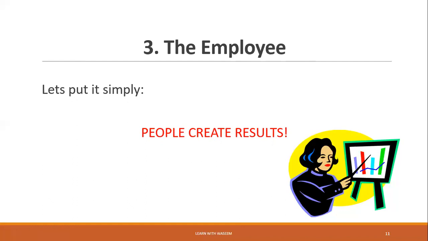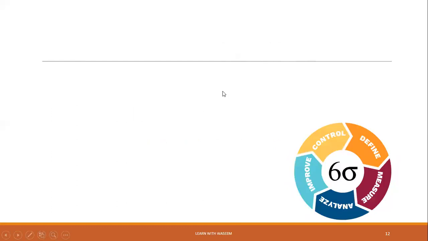Employees are the people or the individuals who are working in an organization, and they try to gather information regarding the customers' requirements and needs, the market's requirements and needs, and they prepare a particular plan in order to fulfill those requirements and needs. Okay, and they prepare a particular process, and they perform those processes in order to create the products and services that fulfill the needs and requirements of the customers and market. So that's why an employee is very important.